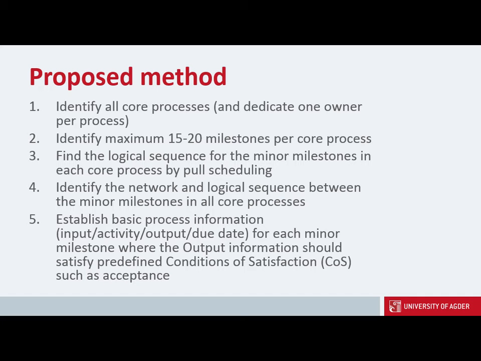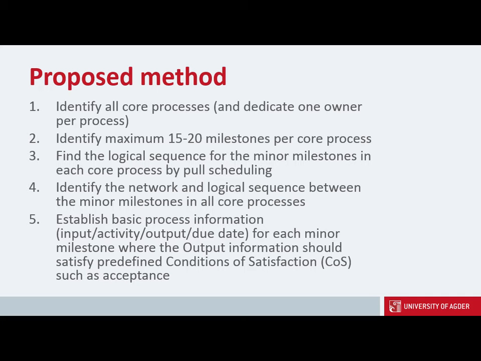Second, we need to limit the number of milestones to make it possible to handle them. From experience, 15 to 20 milestones per core process could be a relevant number. And third, find a logical sequence for the minor milestones.